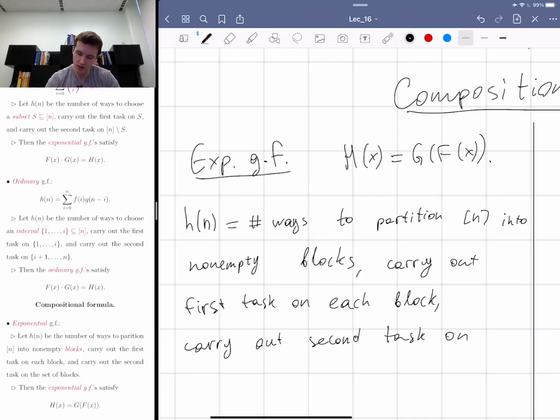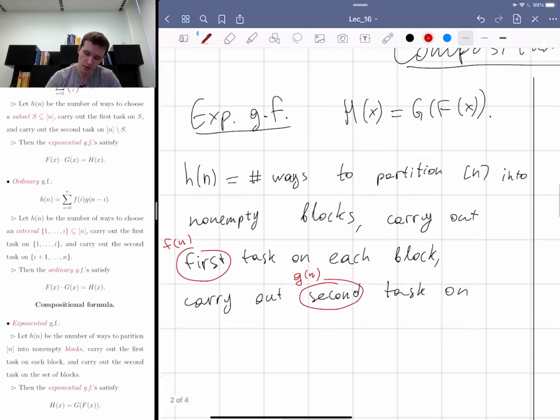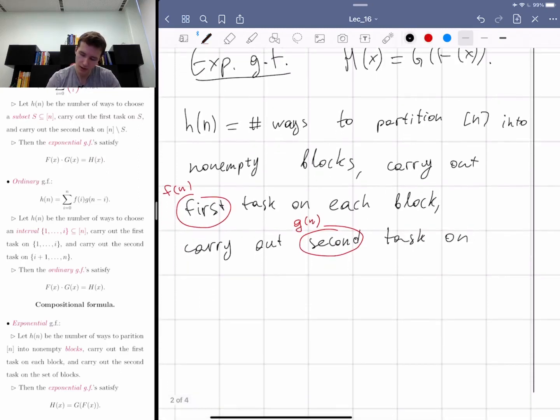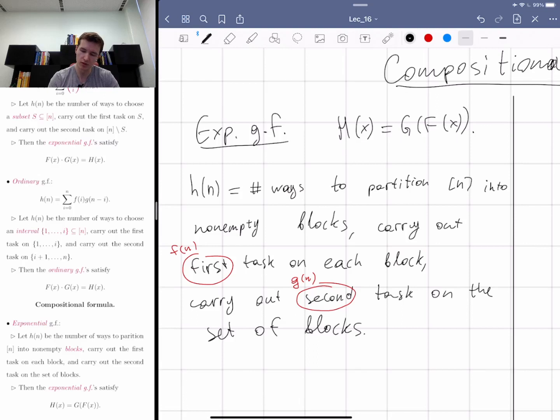The first task is the one counted by f of n, and the second one is counted by g of n. So that's the setup of the compositional formula for the exponential generating functions.